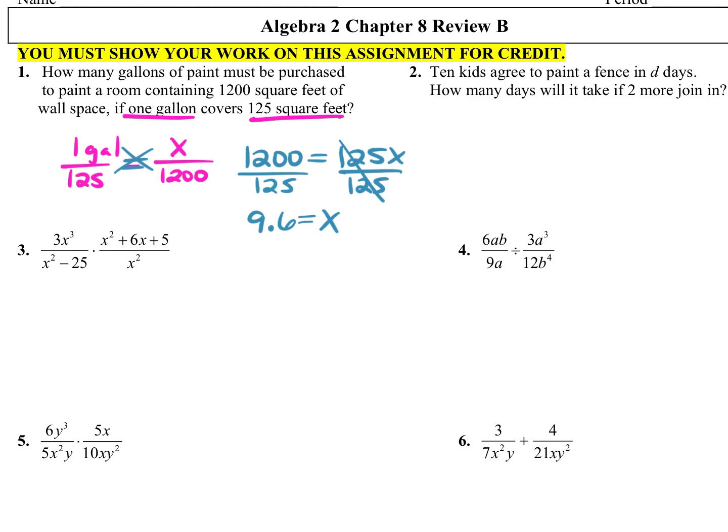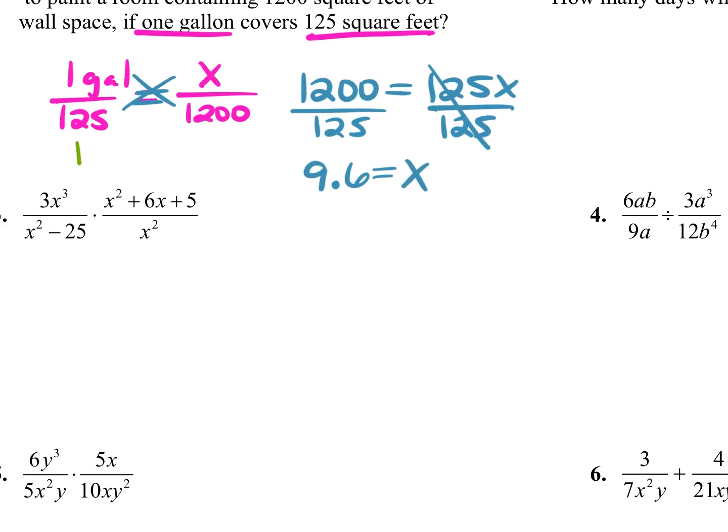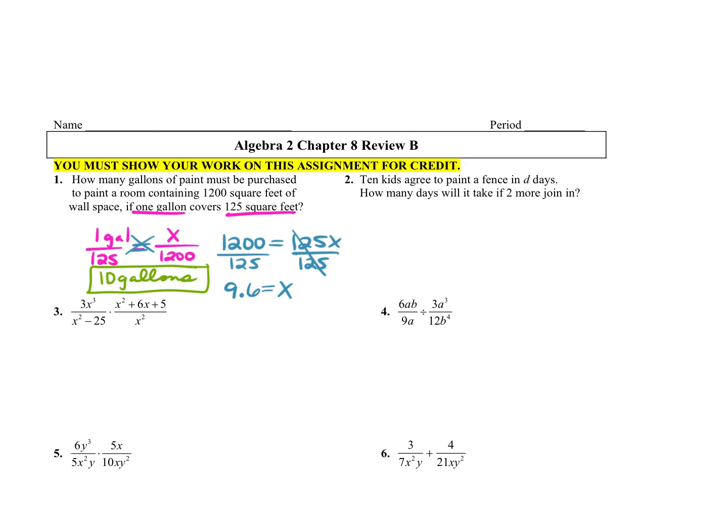You can't purchase a fraction of a gallon, at least not in any paint store that I've ever been to. So this would be 10 gallons of paint. Okay. So just remember, with direct variation, you set it up as proportions. Something over something equals something over something. Okay?